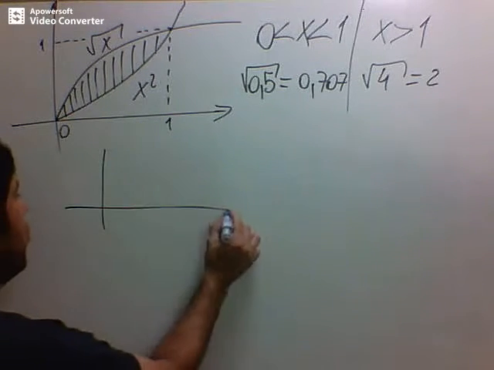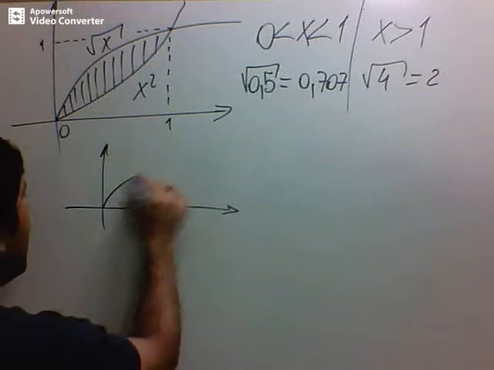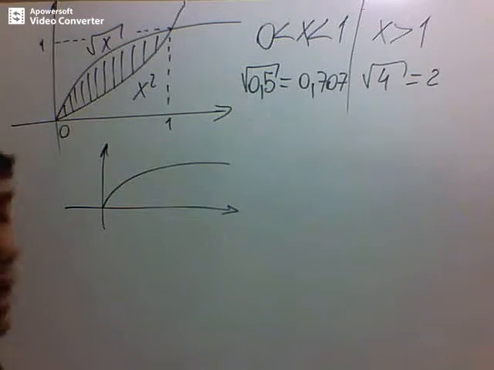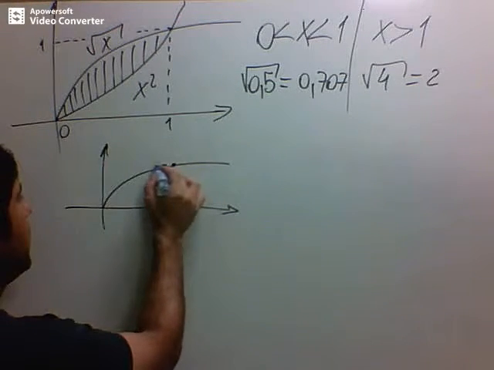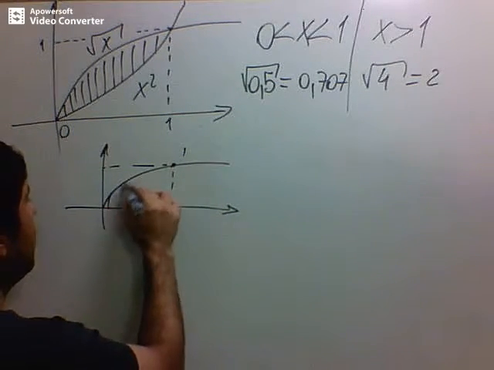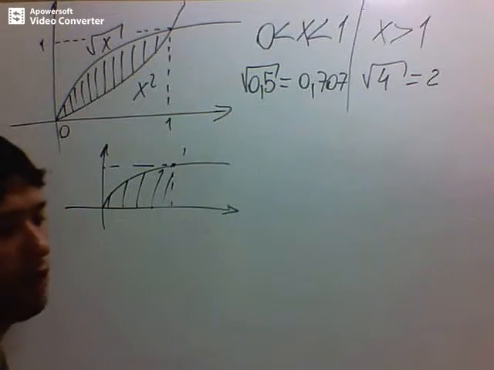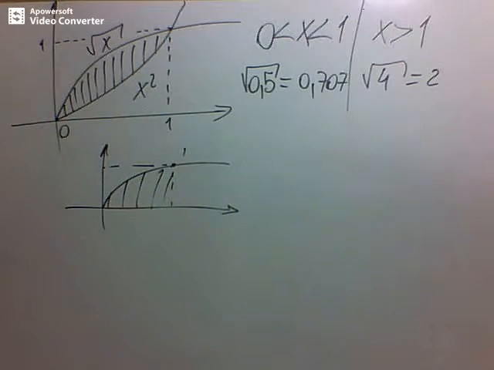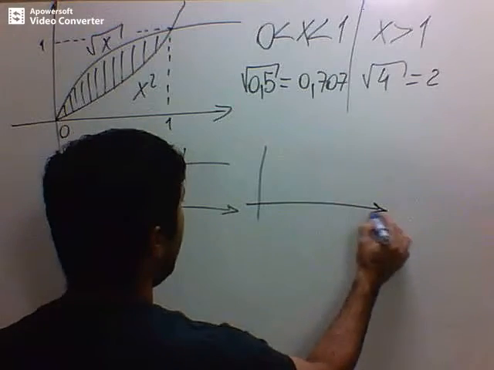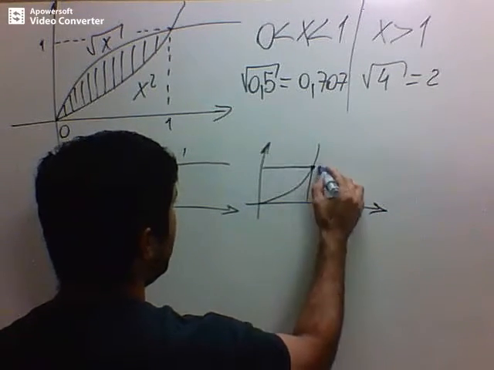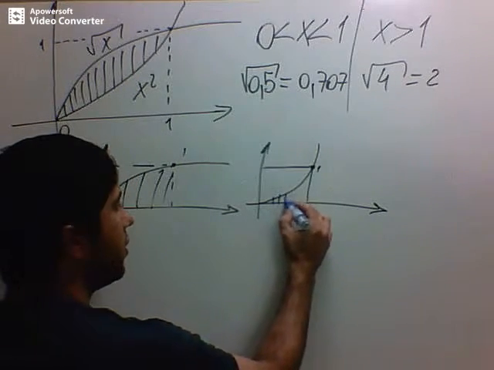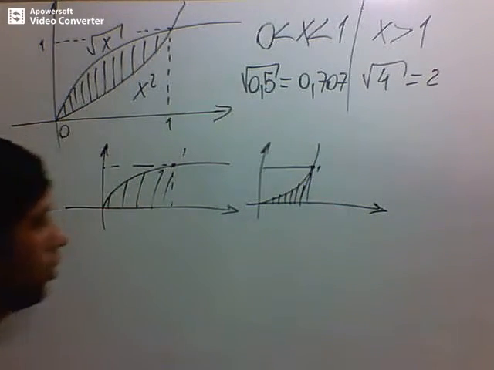I'm going to quickly draw it here, and I have the function square root of x first. This is going to be the point 1 and 1, and we are interested in the area below the curve.